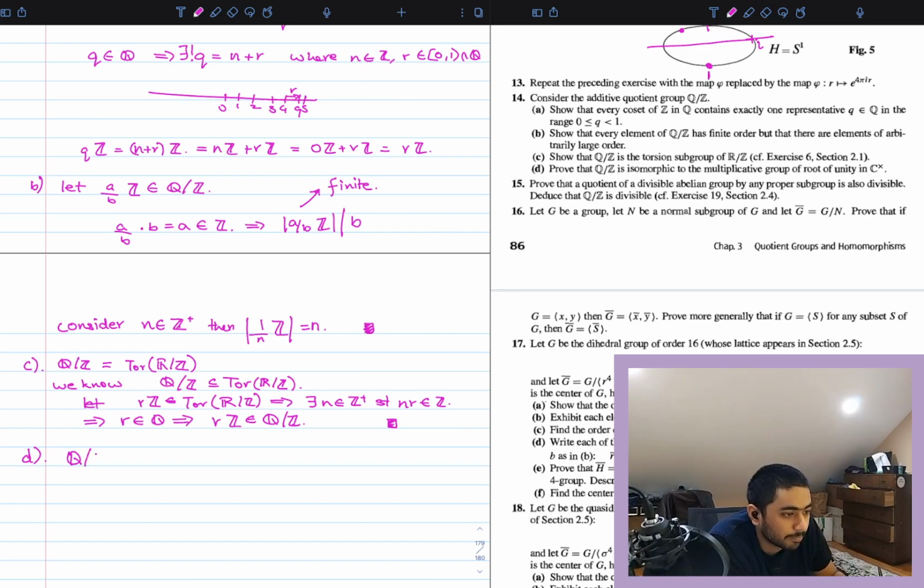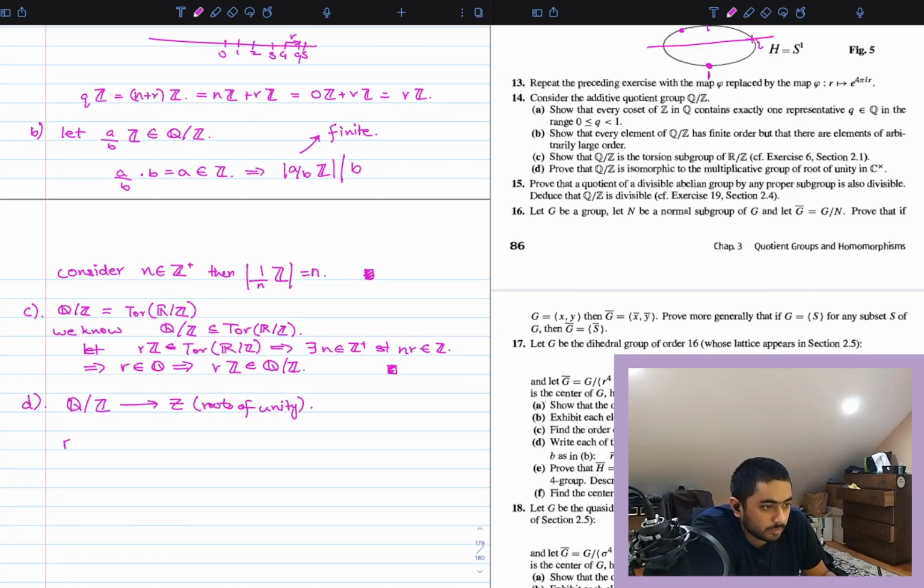So here's Q mod Z, and here's the multiplicative group of roots of unity, which I think we had called Z earlier, so I'm just going to call it capital Z. And we're going to send RZ, where R is the unique representative between 0 and 1, to e to the 2 pi i R.